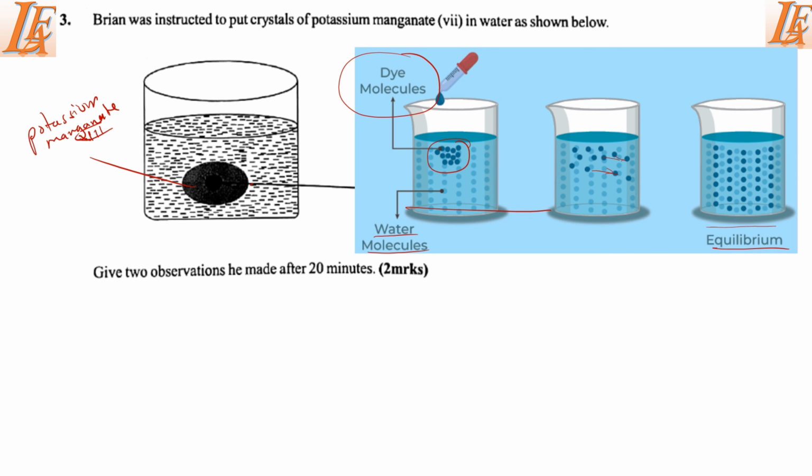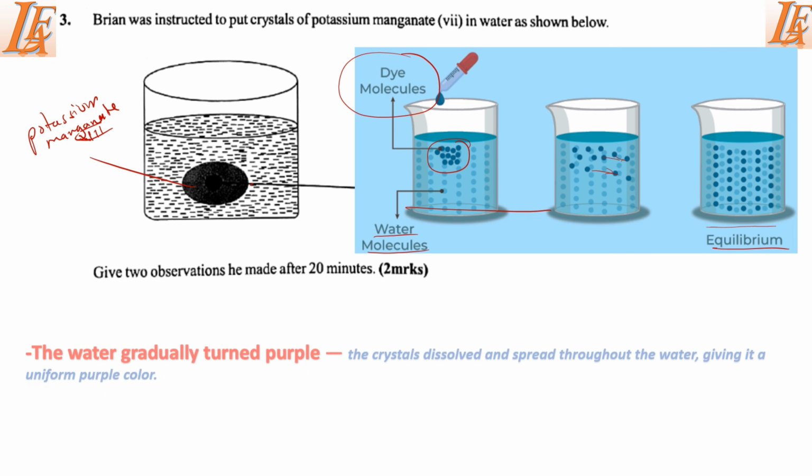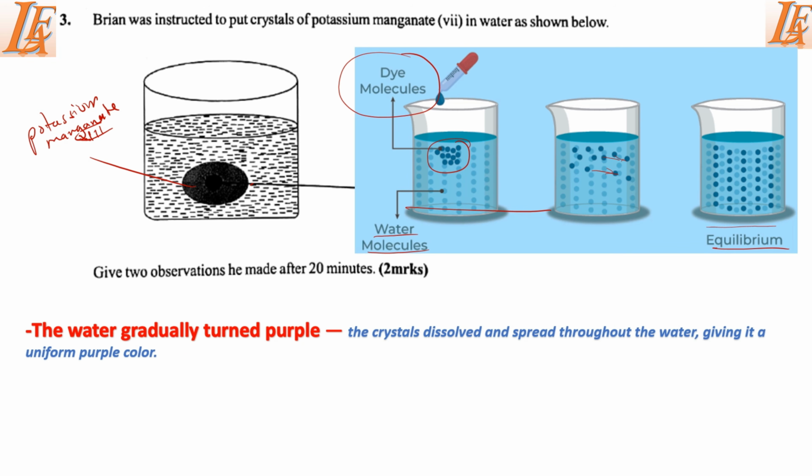So one of the observations that Brian made was that the water gradually turned purple. So if there was purple potassium manganate 7 which was placed, after some time, the water in the beaker turned purple. The reason why this happens is because the crystals of potassium manganate 7 are dissolved and they spread throughout the water, giving it a uniform purple color.